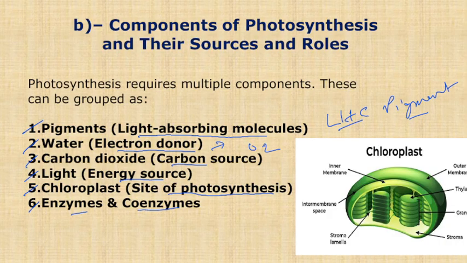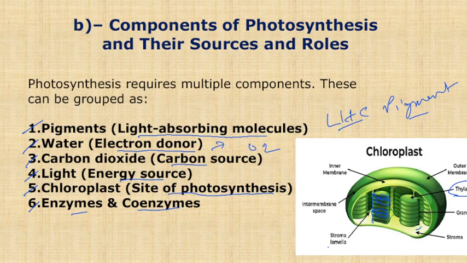So if we talk a little bit about the chloroplast structure, this stack-like structure is known as a granum, and a single stack is known as a thylakoid, where the light reaction is taking place, where the pigment systems are present inside the thylakoid membrane and capture the sunlight.